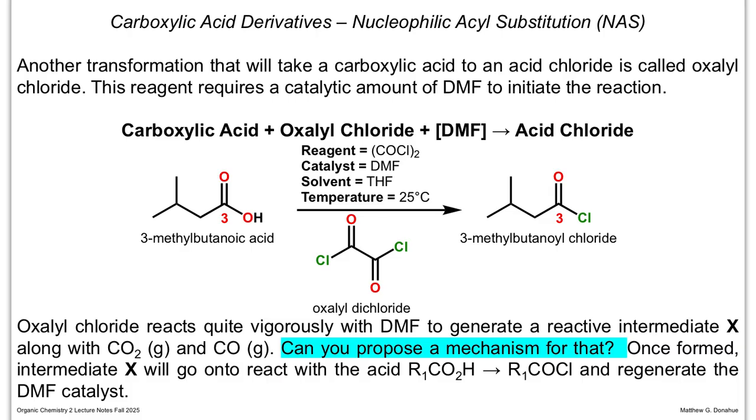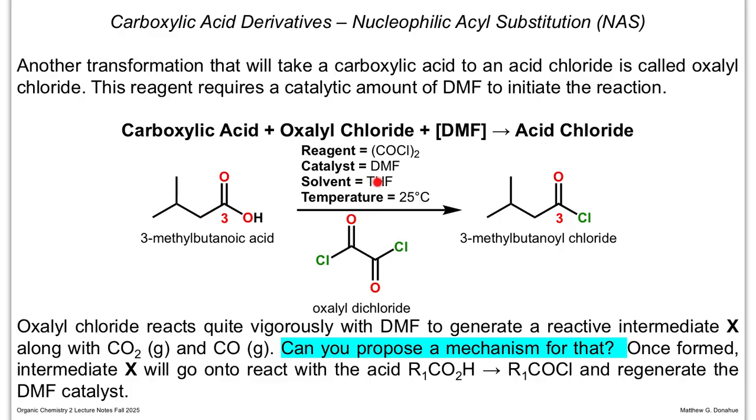Another way of doing that that's a little bit more mild uses oxalyl chloride, which is the reagent shown in the middle here. By itself, it's an acid chloride, but notice it's kind of two acid chlorides in one.